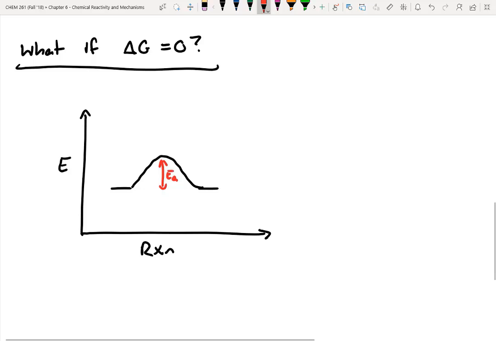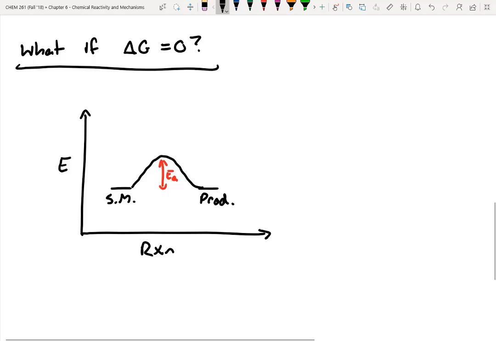All right. So if we think about this, over here on the left, we could call this our starting materials. We said that starting materials will be the same energy level as our products. If we're thinking about this reaction being in equilibrium, which side of the reaction do you think is going to be favored, products or starting materials? Trick question, right? They'd be equally favored. One's not energetically more favorable than the other.